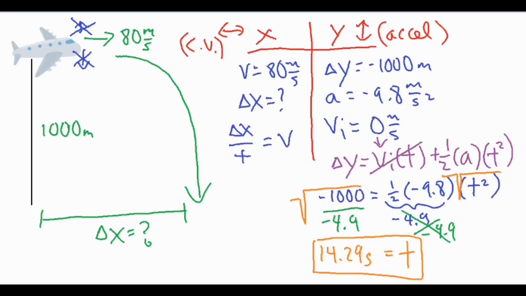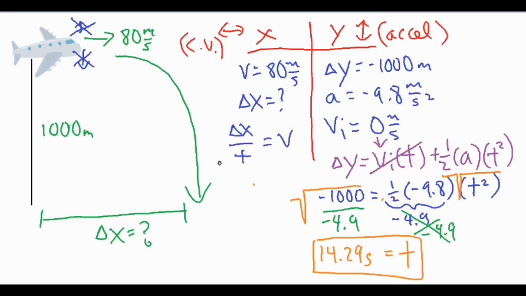I got a time of 14.29 seconds. All I did is set the delta y equal to 1/2 a t squared. 1/2 times negative 9.8 is negative 4.9. So I divided both sides by negative 4.9 and took the square root of both sides, which gave me our time of 14.29 seconds, which could be used over here.